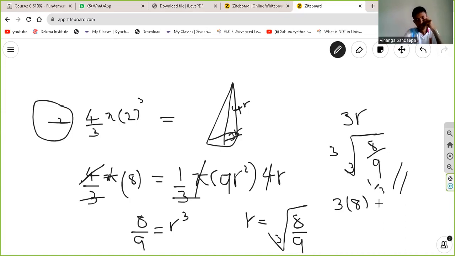Then again 1 over 9. 1 over 9 into 8, and 8 means 2 to the power 3. Then 3 to 3 cancels, then 2.